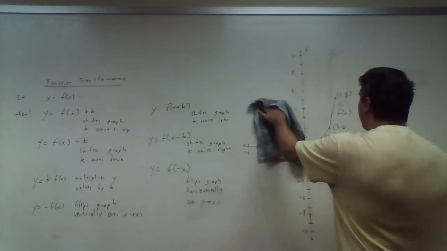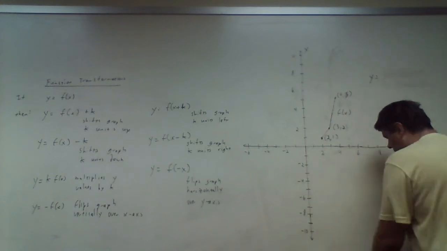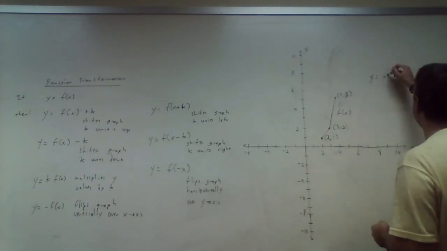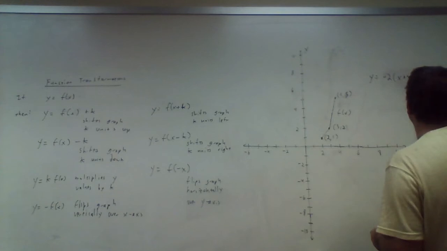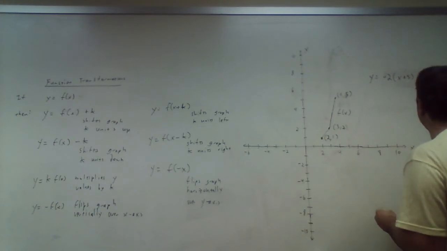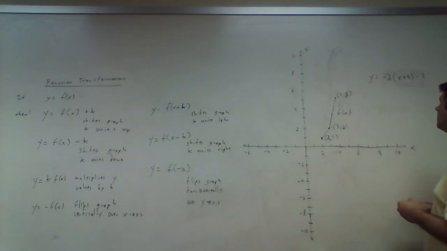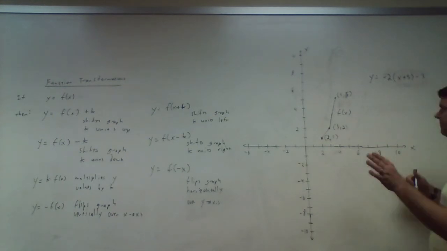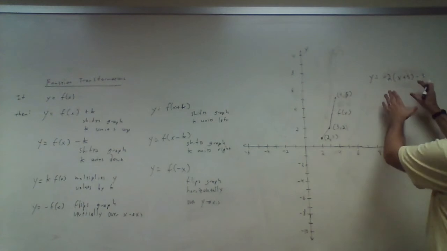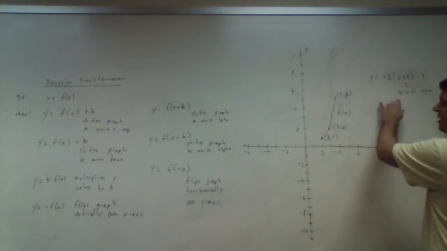Now, let's say that I propose to do y equals negative 2 f of x plus 5, minus 3. You do this one step at a time. You follow the order of operations. Shift first. Shift right, shift left.